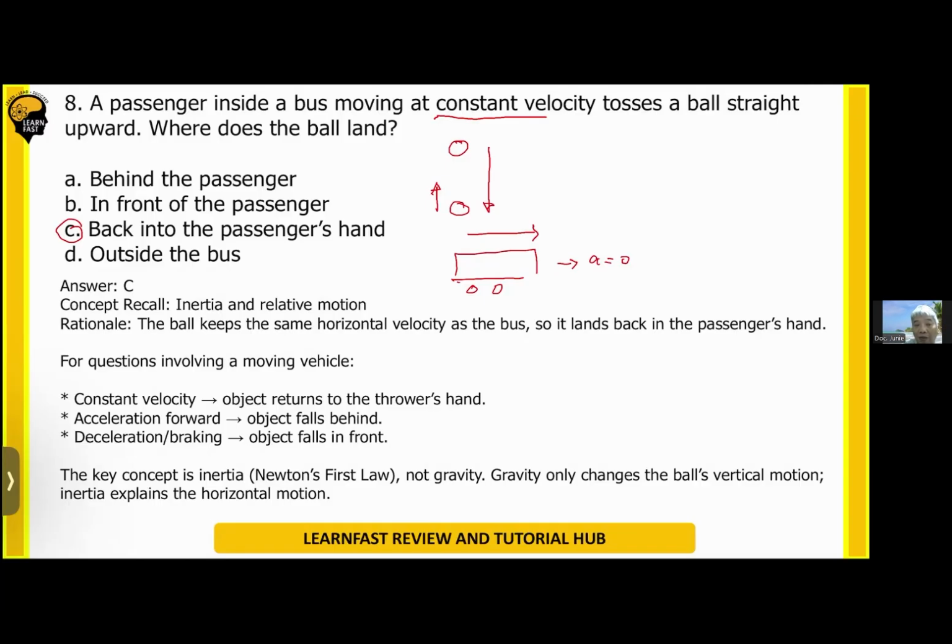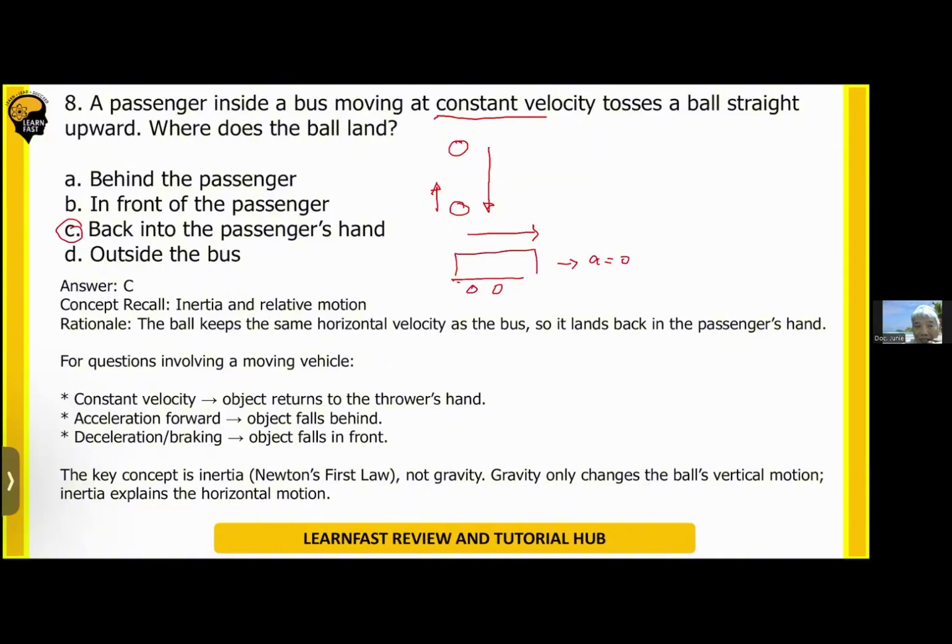The ball will land behind the bus. So if there is a deceleration, that means the bus driver applied brake.